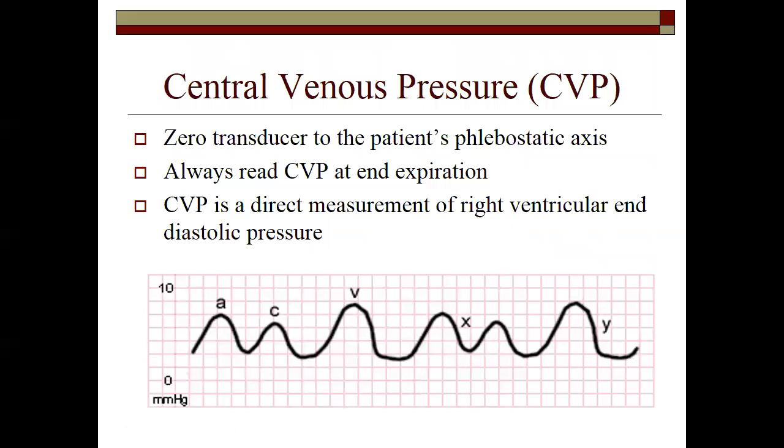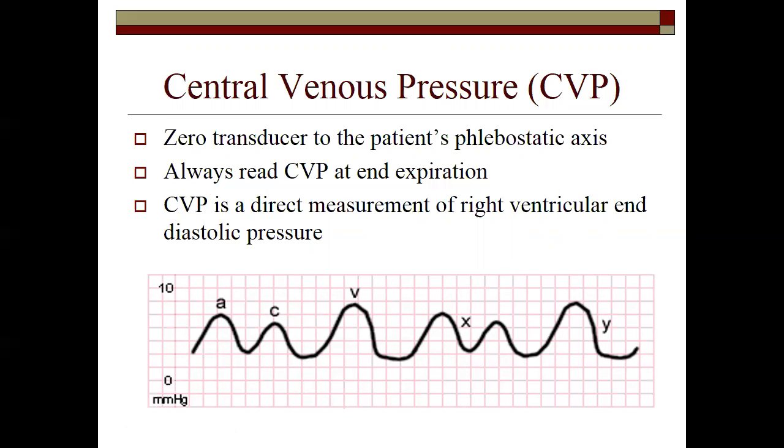You asked about zeroing it to the phlebostatic axis. We try to always read the central venous pressure at the end of expiration. And why do we want to measure it at the end of expiration? What's going on in the thorax when we exhale? Okay, so we're changing that intrathoracic pressure.